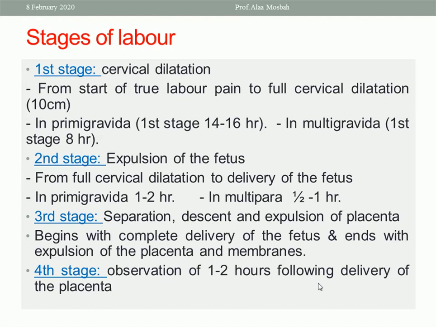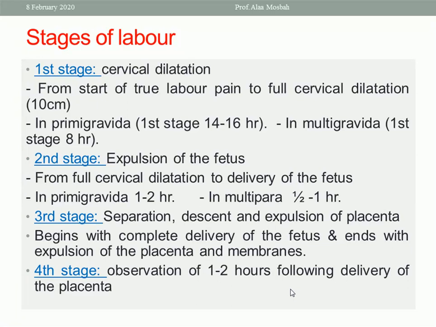In primigravida, the first stage constitutes 14 to 16 hours, while in multigravida it is about 8 hours. The second stage is the stage of expulsion of the fetus, starting from full cervical dilatation to delivery of the fetus. In primigravida, it is about 1 to 2 hours, while in multipara, it is half to 1 hour.